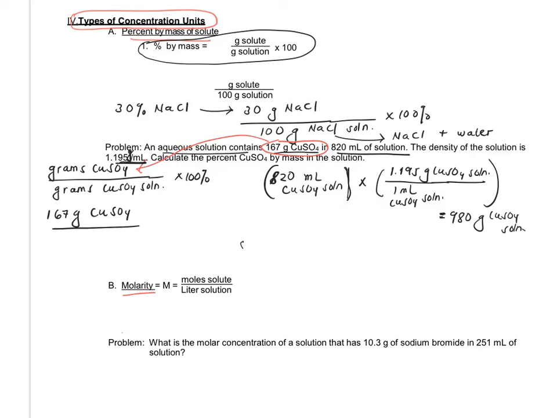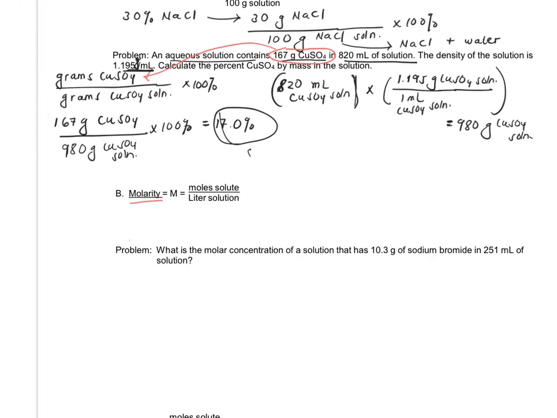So we're going to divide that by 980 grams of copper sulfate solution times 100%. So this ends up being 17.0% copper sulfate solution by mass. Okay, so that is percent by mass.